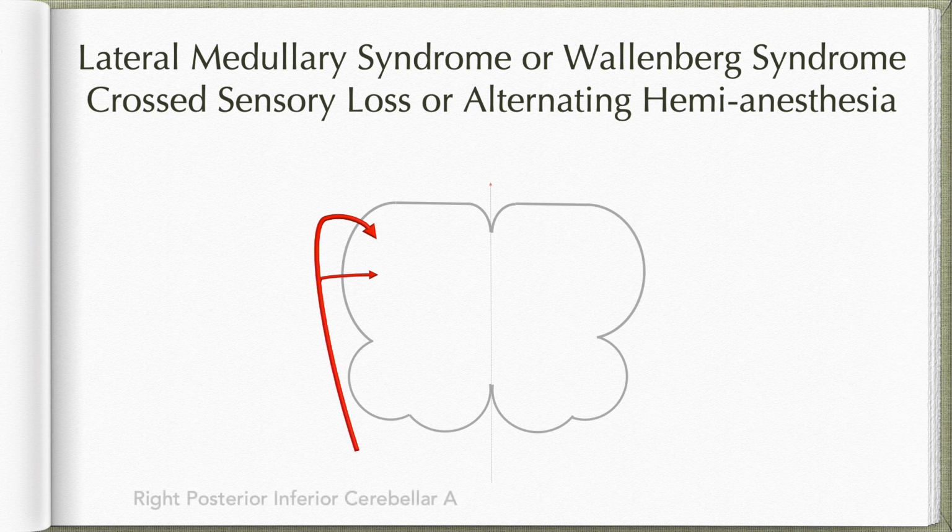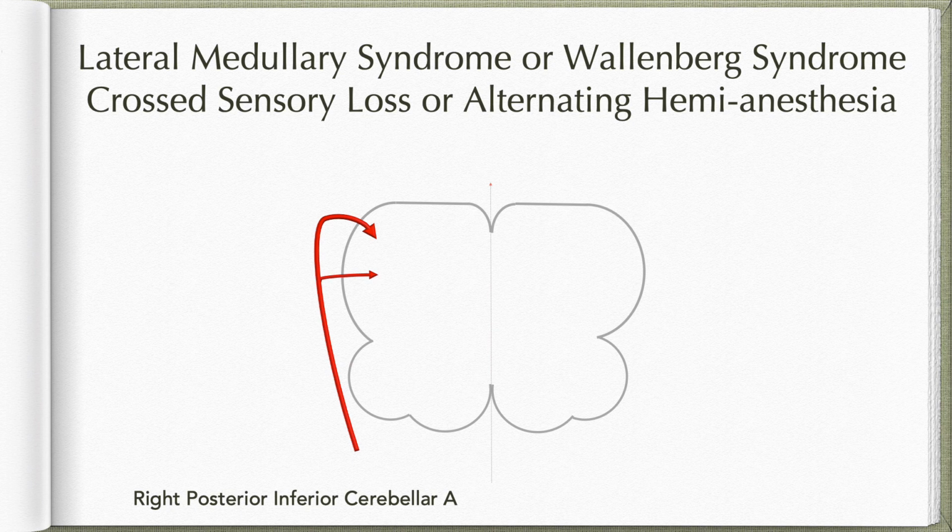This is caused due to the involvement of the posterior inferior cerebellar artery. In this particular case, because of the list of symptoms which we have read earlier, this patient has got involvement of the right-sided posterior inferior cerebellar artery, causing the set of symptoms. The posterior inferior cerebellar artery is otherwise called PICA.